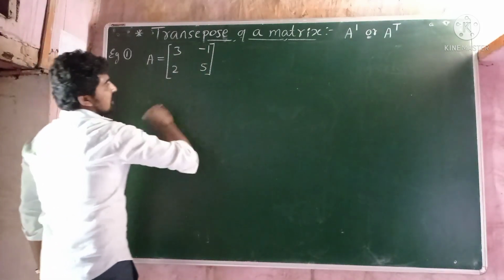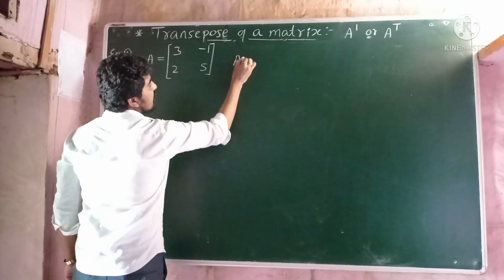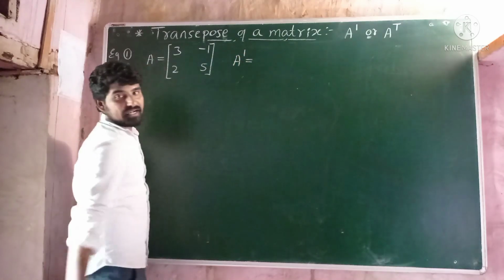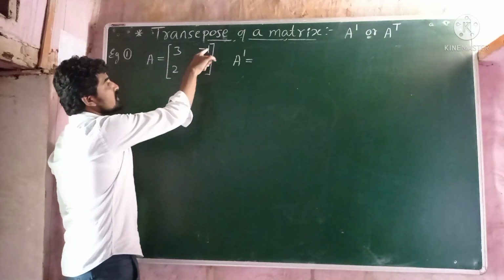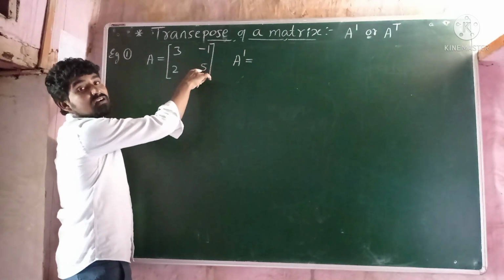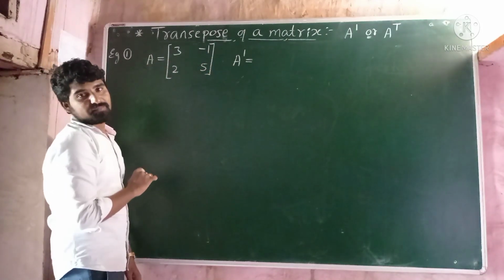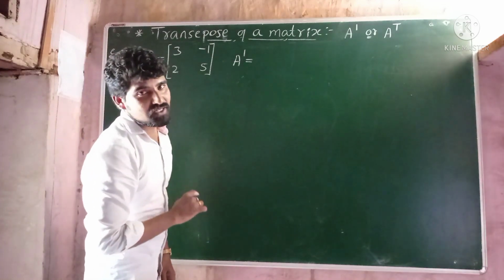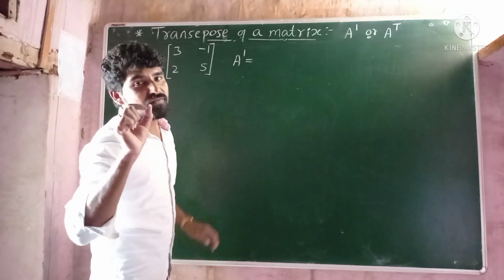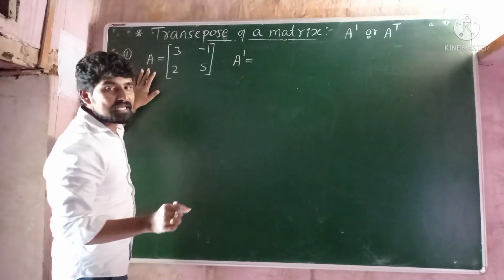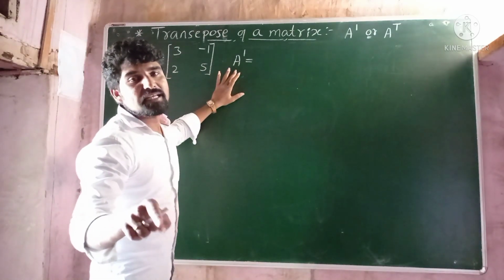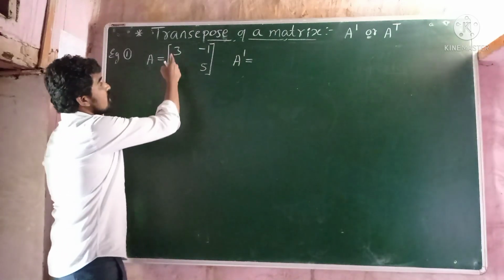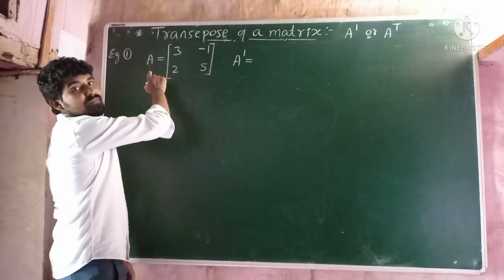Transpose of the matrix A is A dash, which is obtained by interchanging rows and columns of the matrix A. I hope all of you understood.